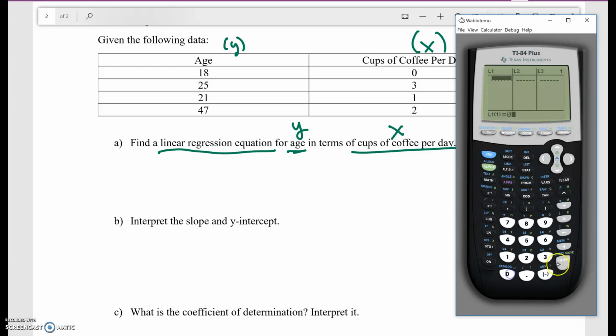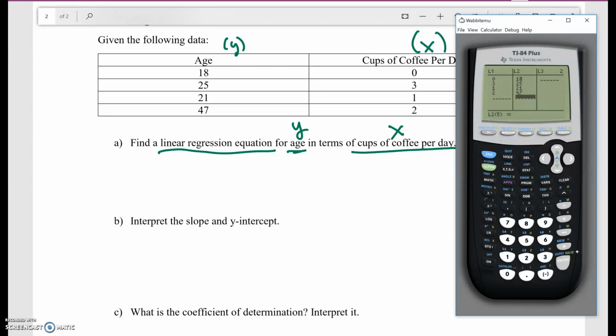So I'm going to put in 0, then 3, then 1, and then 2. That's my x variable, the number of cups of coffee. My y variable is going to be my age: 18, 25, 21, and 47. We need to be very careful with what we enter. Whatever we enter first is my x variable. Whatever we enter next is my y variable.